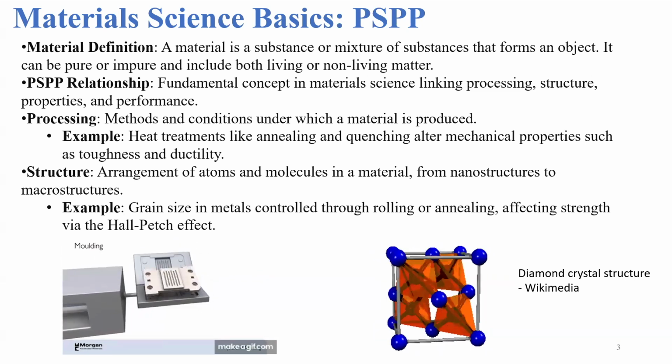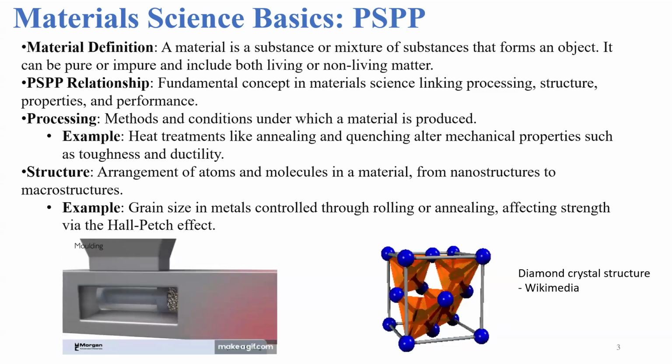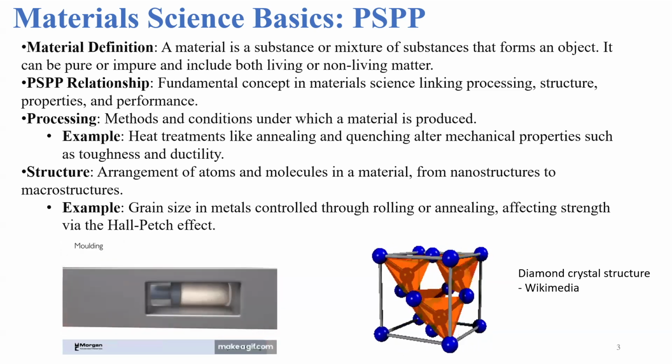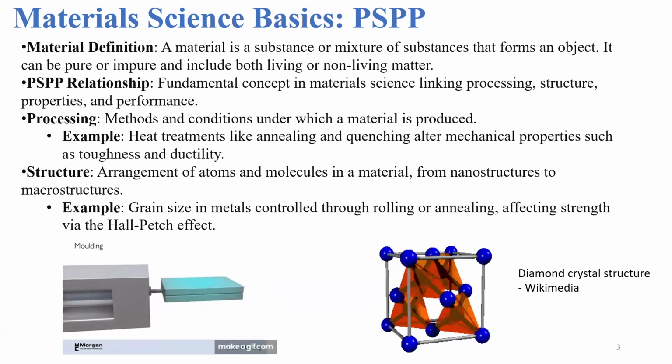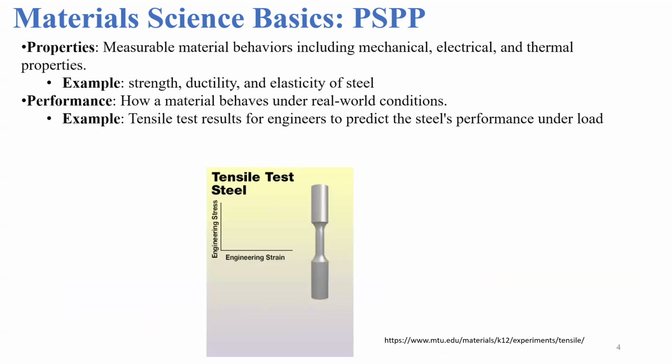As an example, on the left-hand side, I show you how a material is processed based on heat treatment. And on the right side, I show you the structure of a diamond crystal. Based on the processing and structure, we can have different properties. These are measurable material behaviors, including mechanical, electrical, and thermal properties, such as strength, ductility, and elasticity of steel.